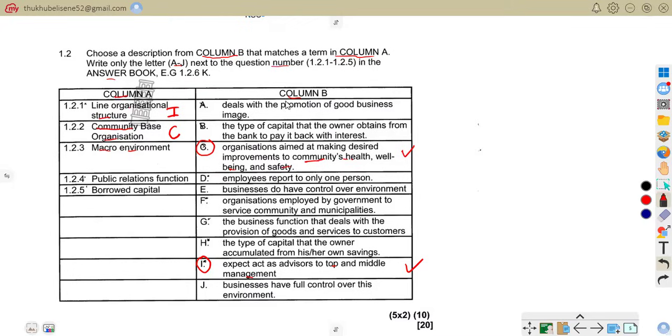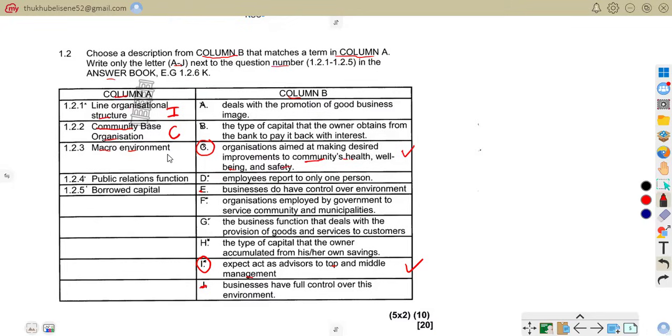If you go through all these descriptions, you can see that E does match as well as J. But as it says, business do have control over the environment, but we know that businesses do not have control over the macro environment.